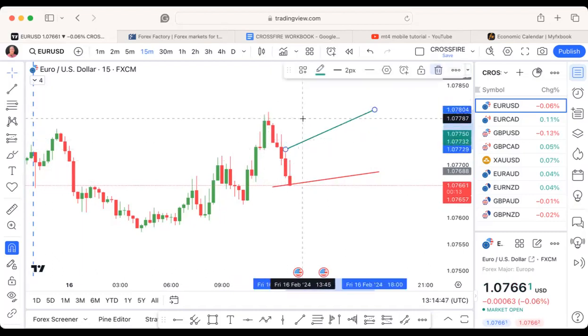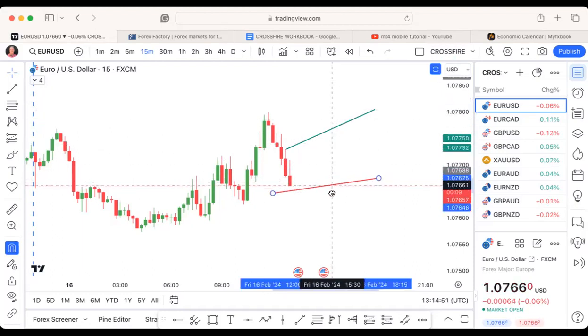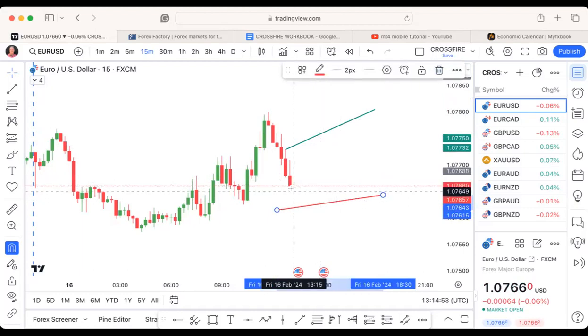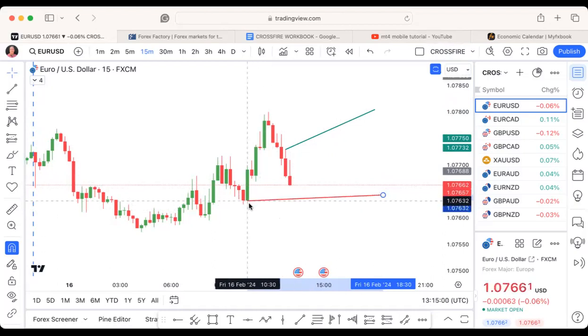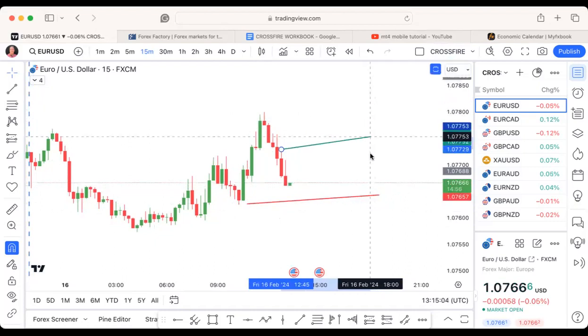So I can place that ready for 1:30. If I look at the bottom of that 1 o'clock candle and look left, this is obviously the nearest lower candle. So I can have these roughly in place before 1:30.